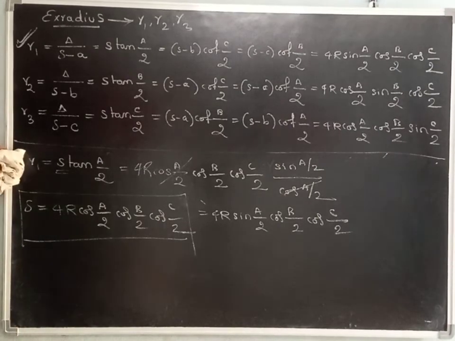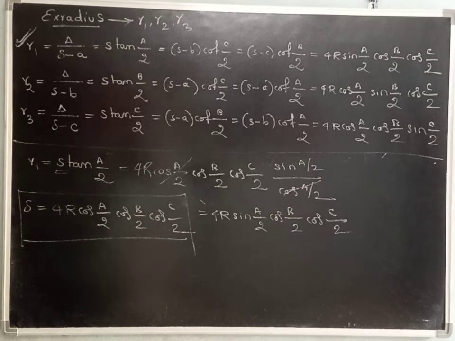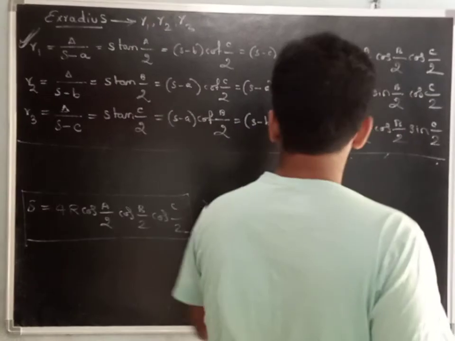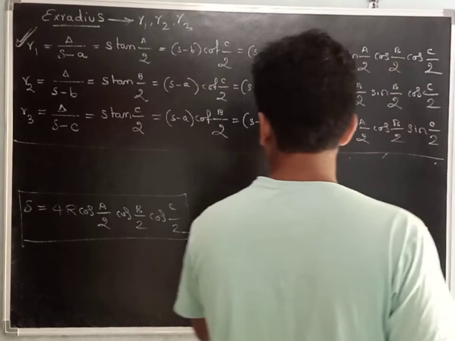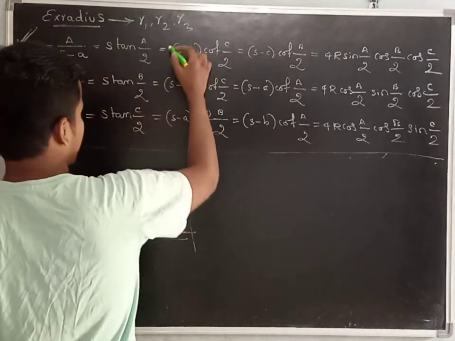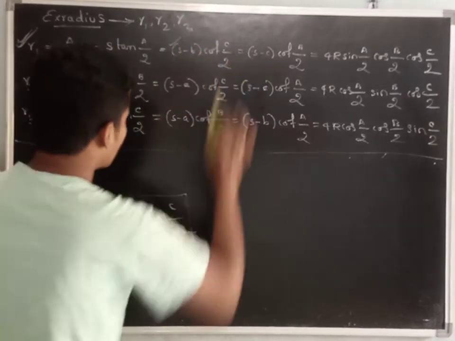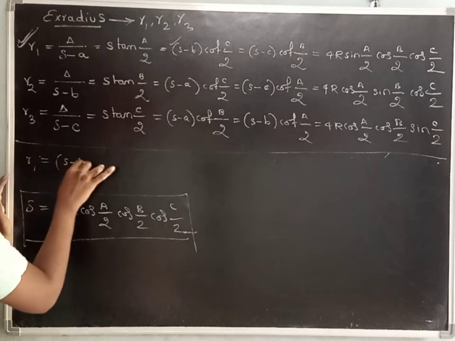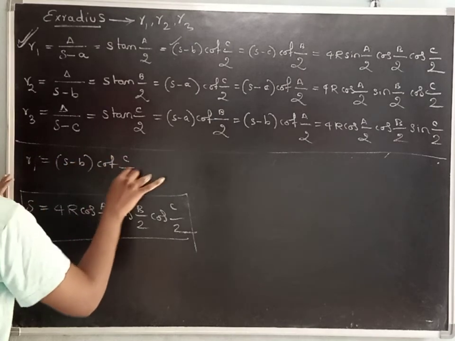Let me erase this part. For next, let me consider s minus b into cos c by 2. R1 is equal to s minus b into cos c by 2.